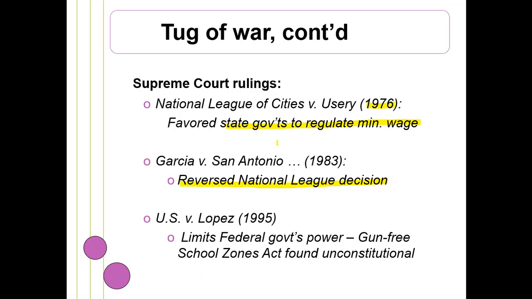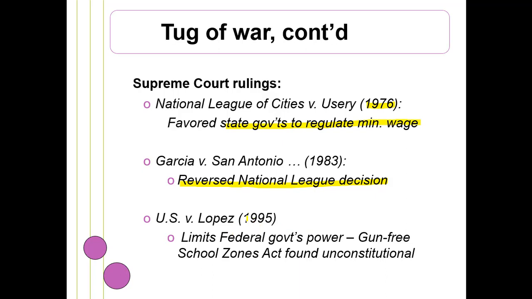And that's still an issue today because we're looking at some states raising it to $15 an hour when the federal minimum wage is still technically $7.25. An Obama executive order raised it to $8.25 for federal employees and associated contractors. So that's a pretty big jump.